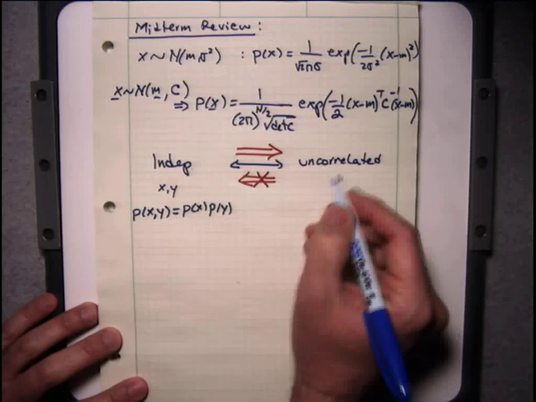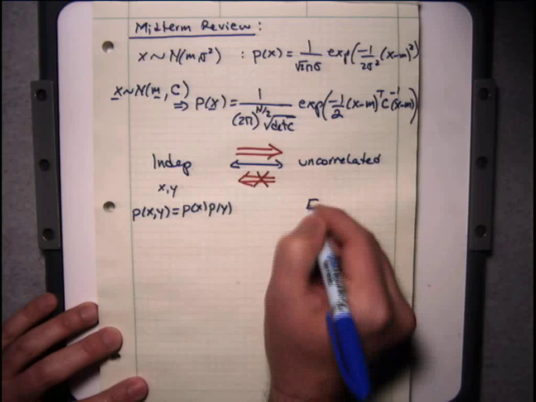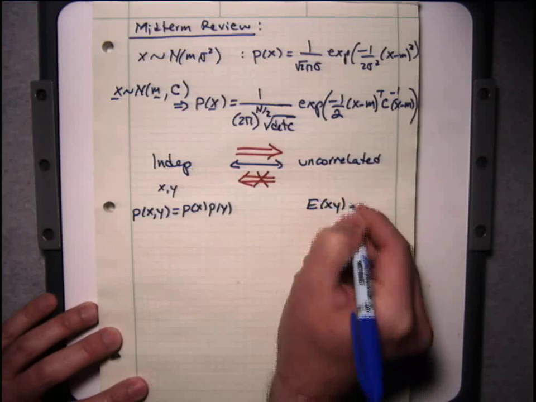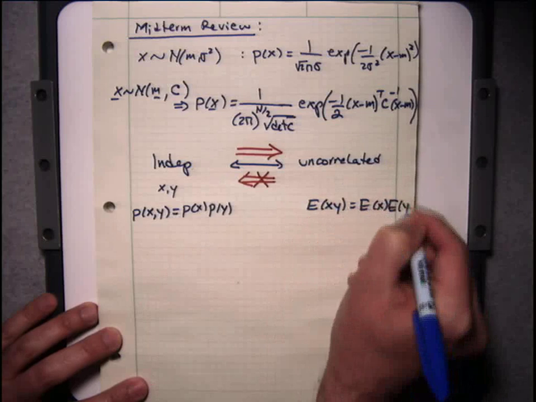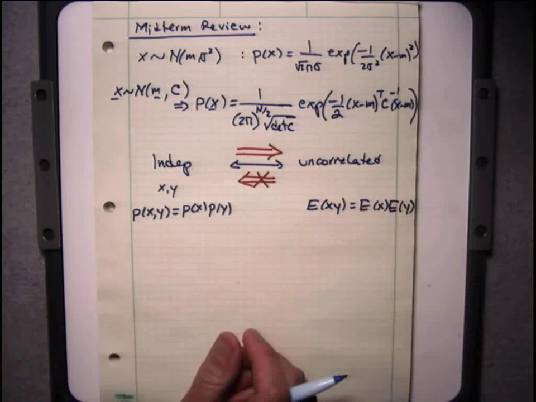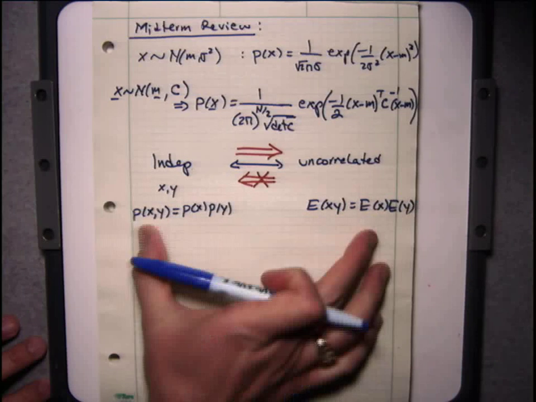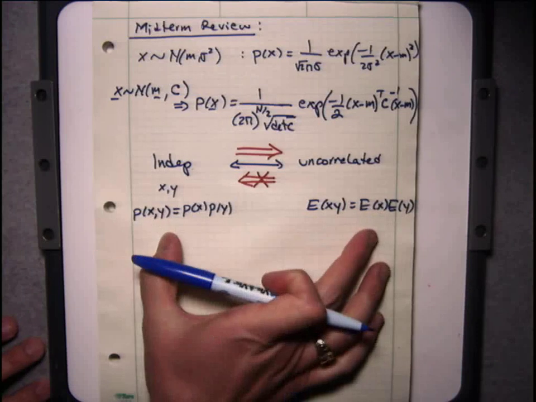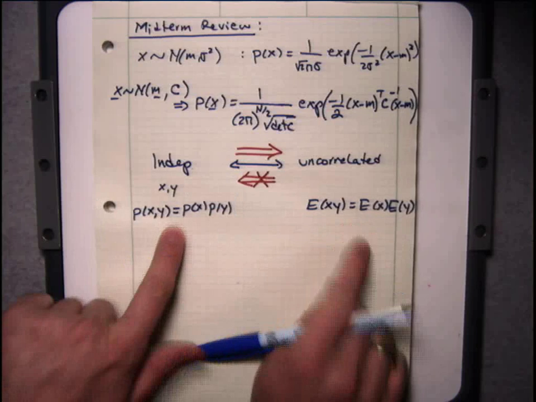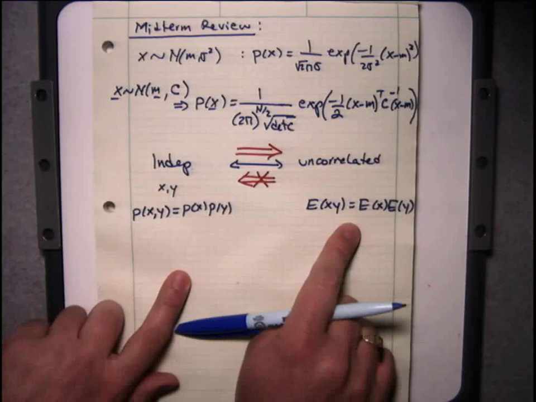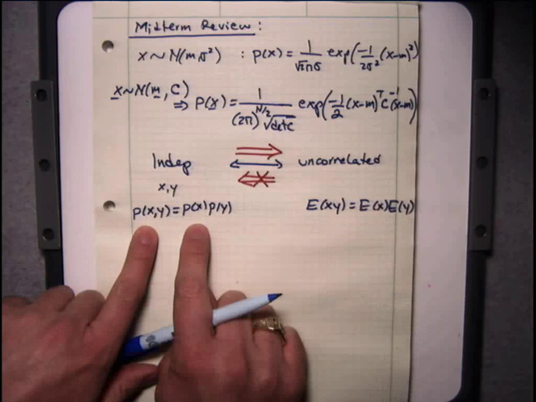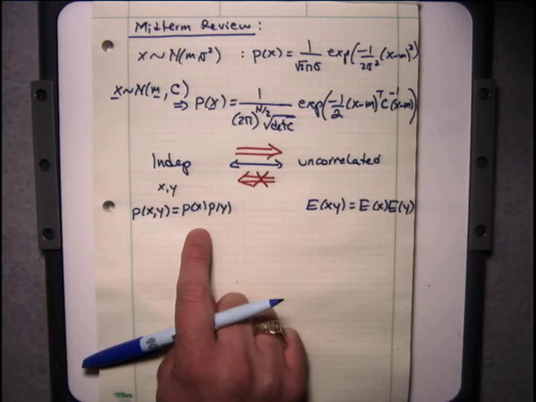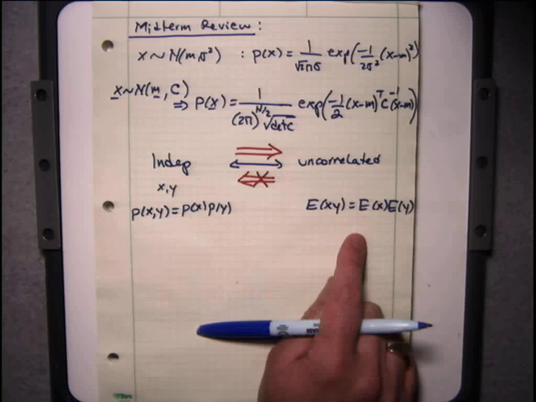Whereas if the two are simply uncorrelated, that means only the expected value of x times y can be written as expected value of x, expected value of y. So if you forget which one is the stronger condition, you can always remember this, and you can clearly see that this is a much stronger condition than that one. Because this condition implies something about all the moments of the probability density functions, whereas this one is only talking about the first order moment.